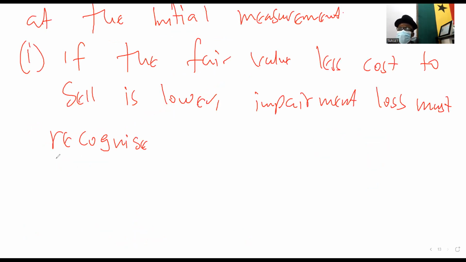Now, at initial measurement, the very first time you meet the conditions, let me give a typical example. Let's say we have a plant.